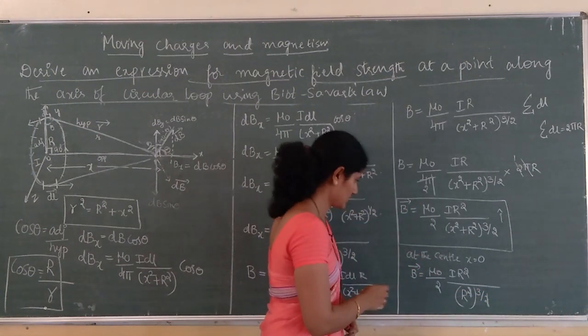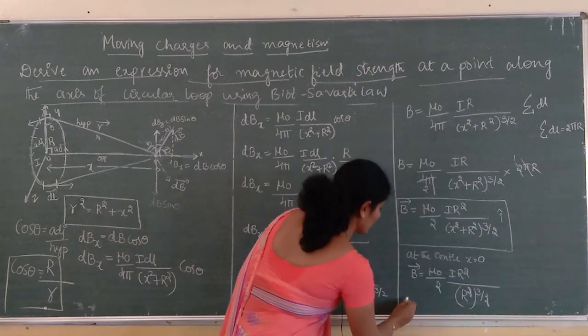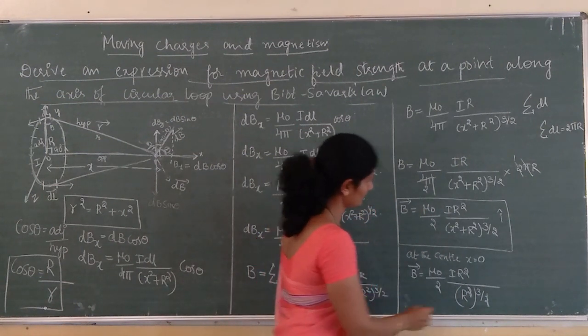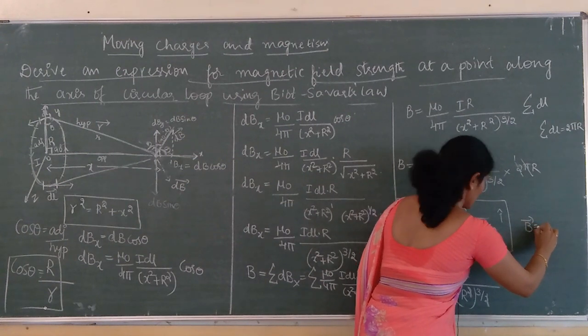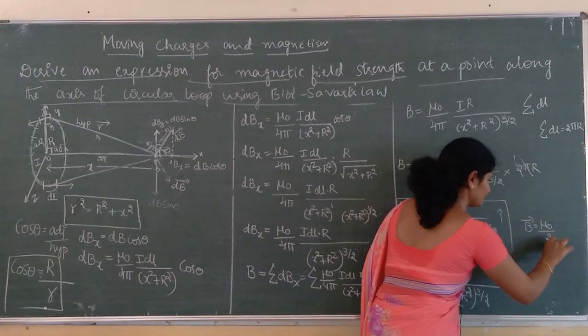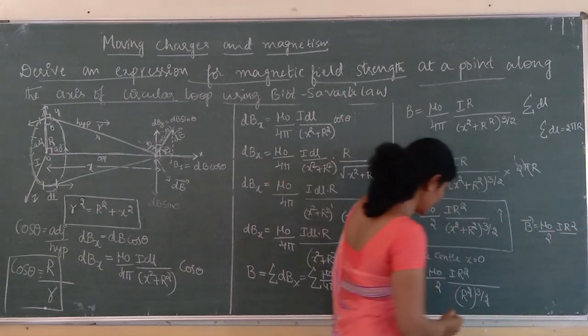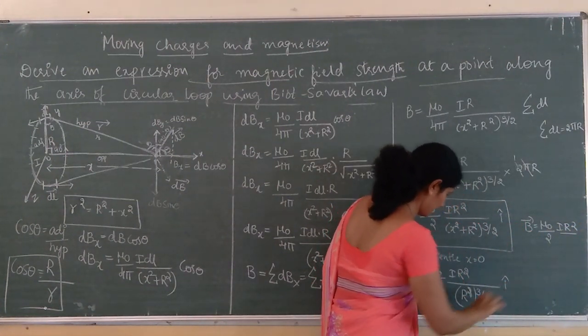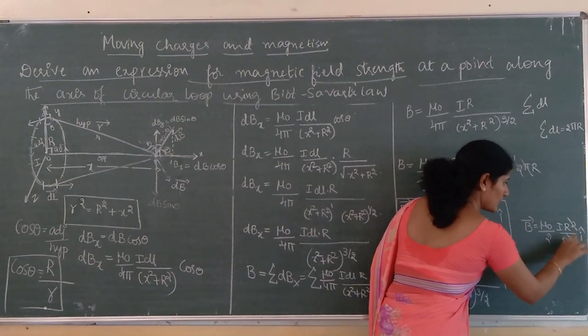So I get B vector is equal to mu naught by 2 I r square divided by r cube into i cap, r square by r cube.